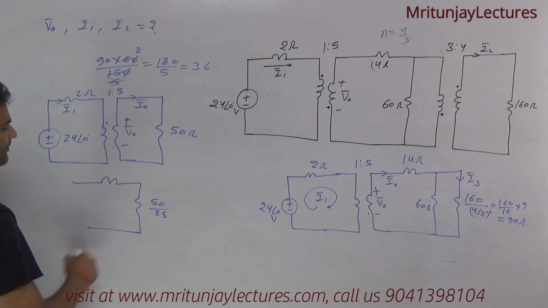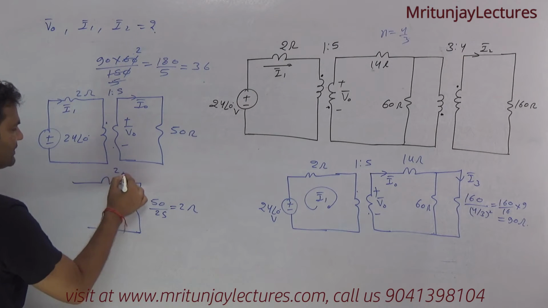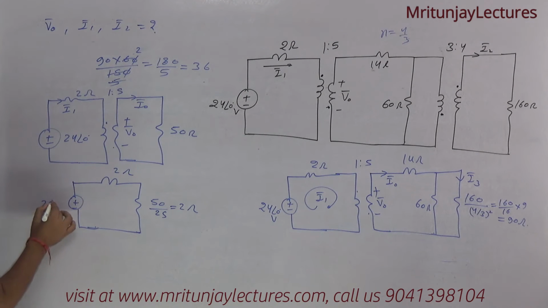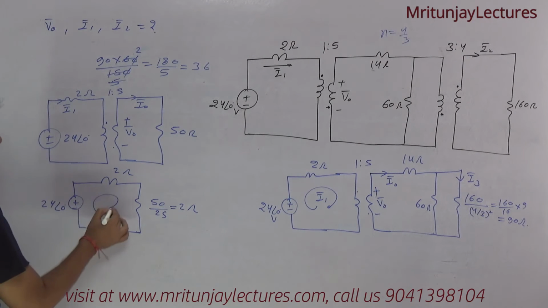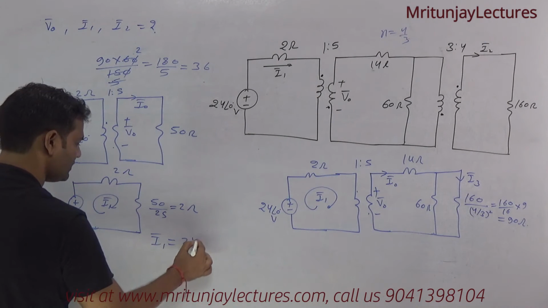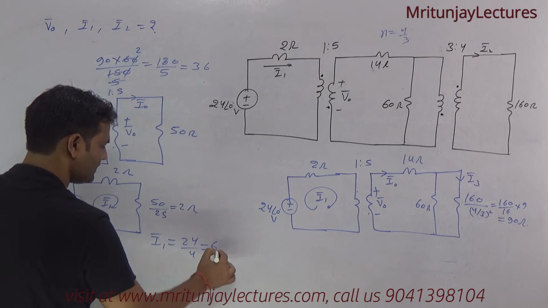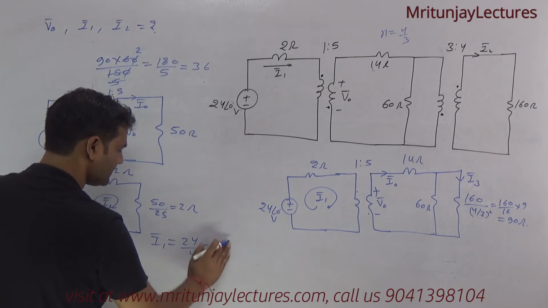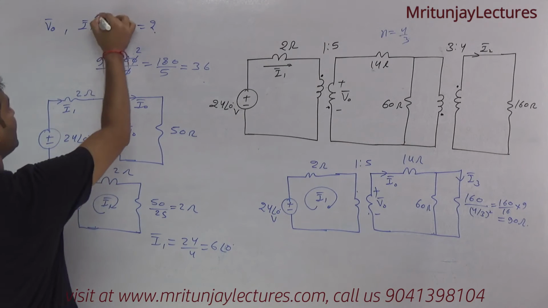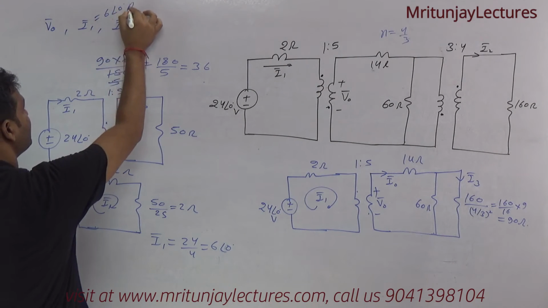That is 2 ohm, and we already have plus minus 24 at the angle 0. What about I1? I1 is 24 divided by 4, that is 6 ampere. So I1 is 6 at the angle 0 ampere.